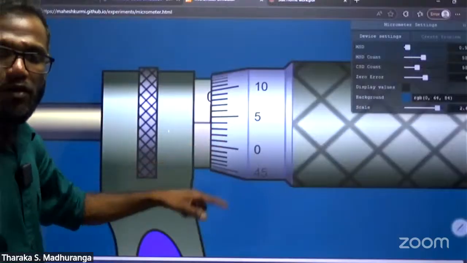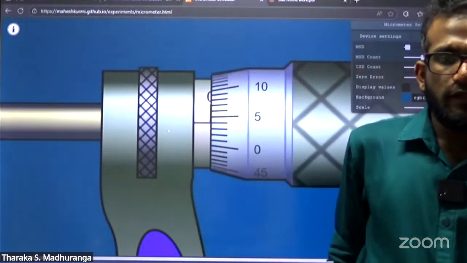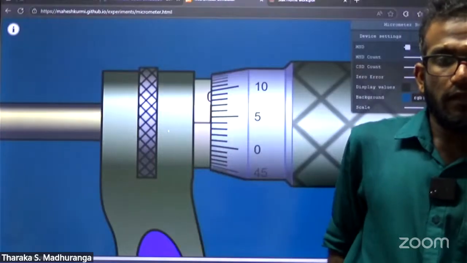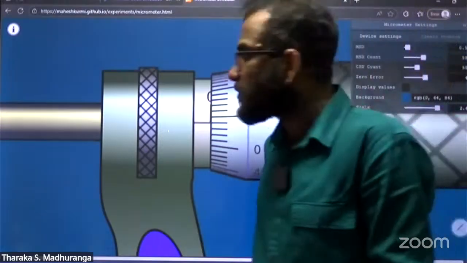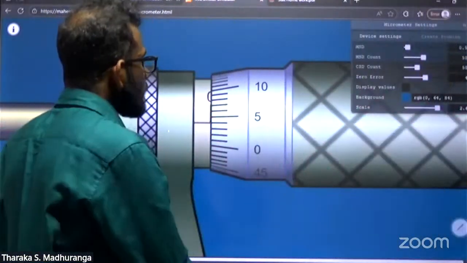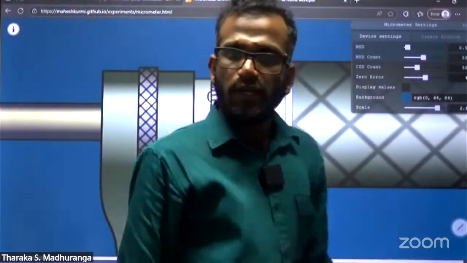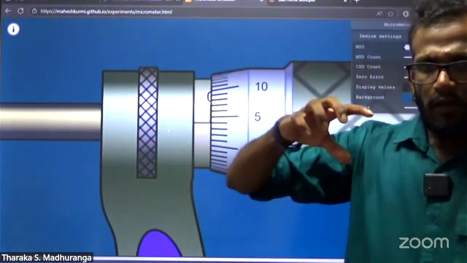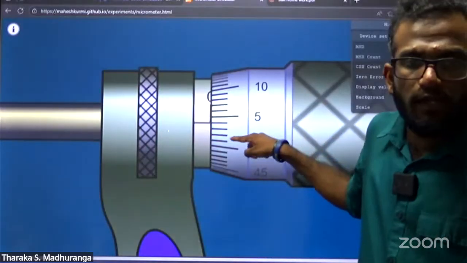The zero does not coincide with the linear scale middle axis. That's the problem. The circular scale zero does not coincide. In a positive zero error, can you understand, it tightens before coming to the linear scale middle axis.